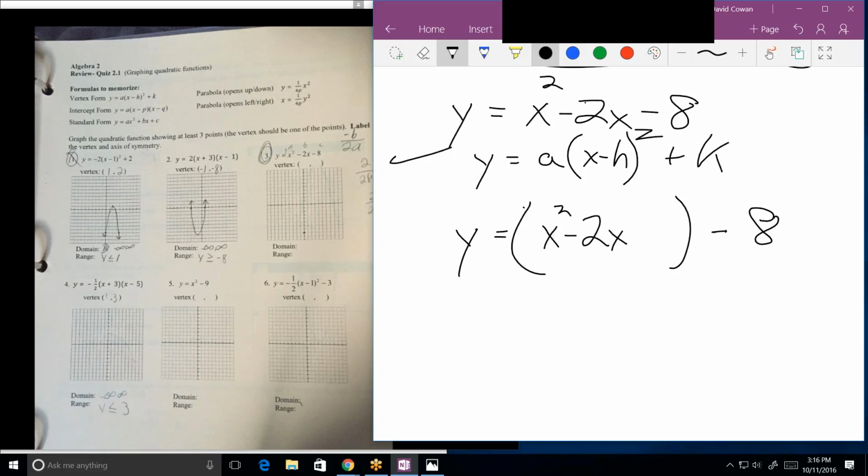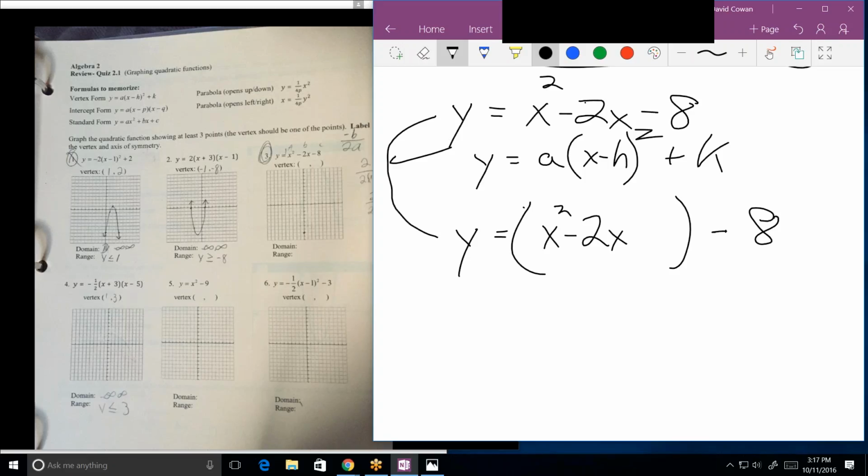Now, notice that I have not changed anything. In other words, these two things are the same, right? Yeah. Okay. Now let's complete the square. How do you complete the square? We're only working inside the parentheses at the moment.